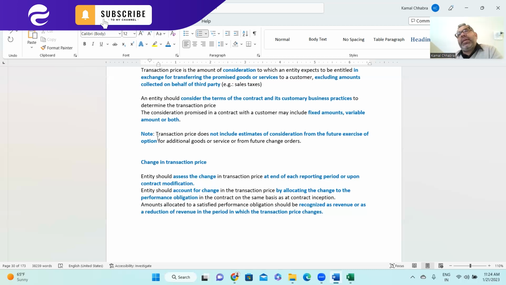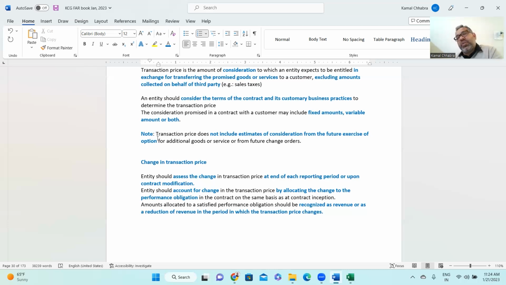You may have an agreement with the customer for supply of so many goods and services over a period of time, but the customer will be giving you a purchase order for the respective goods and services on a need basis. So you'll be recognizing the revenue for those purchase orders which you have received rather than the entire budgeted amount, or where in future you are expecting a certain change in price, change in quantity, or change in scope, right? So revenue will never be recognized based on any estimated future change. It should always be based on the current orders in hand. Make sense?